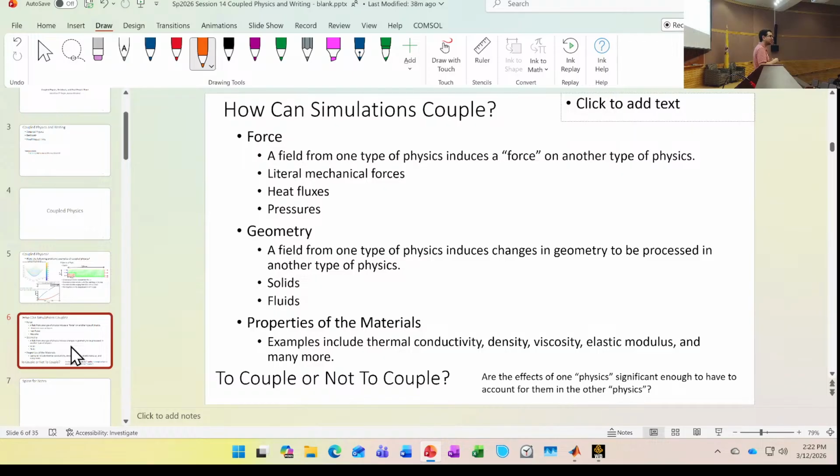What happens if it gets too hot, though? Yeah, you could lose it, or it could vaporize. So the properties of fluids are very sensitive to temperature in many cases. The properties of solids, elastic and viscoelastic properties, are also very sensitive to temperature.